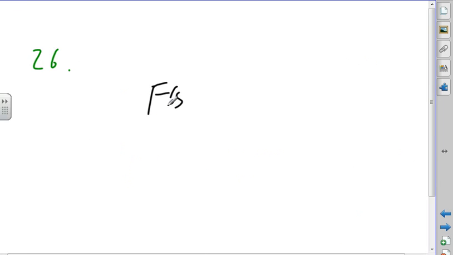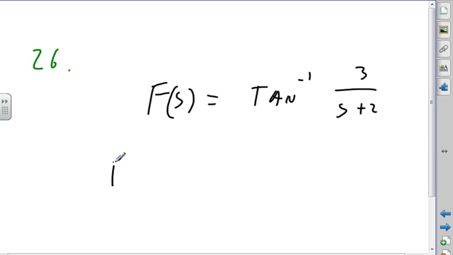26. F of s equals the arctangent of 3 over s plus 2. Anyway, f prime of s, because we're in this section, we're going to take the derivative of that guy. All right, so what's the derivative of the arctangent?